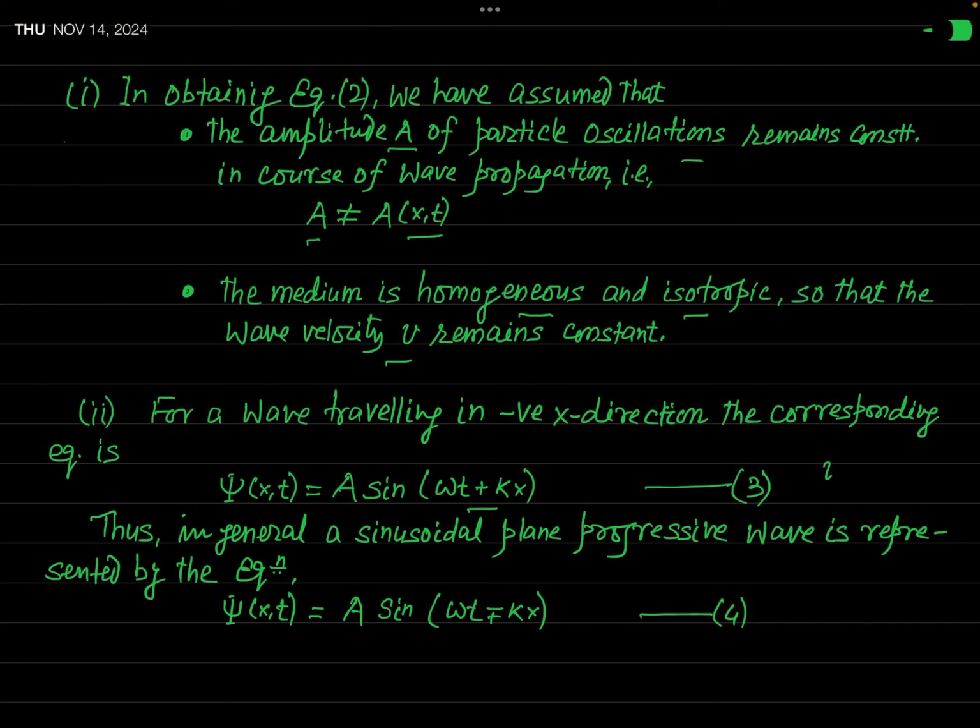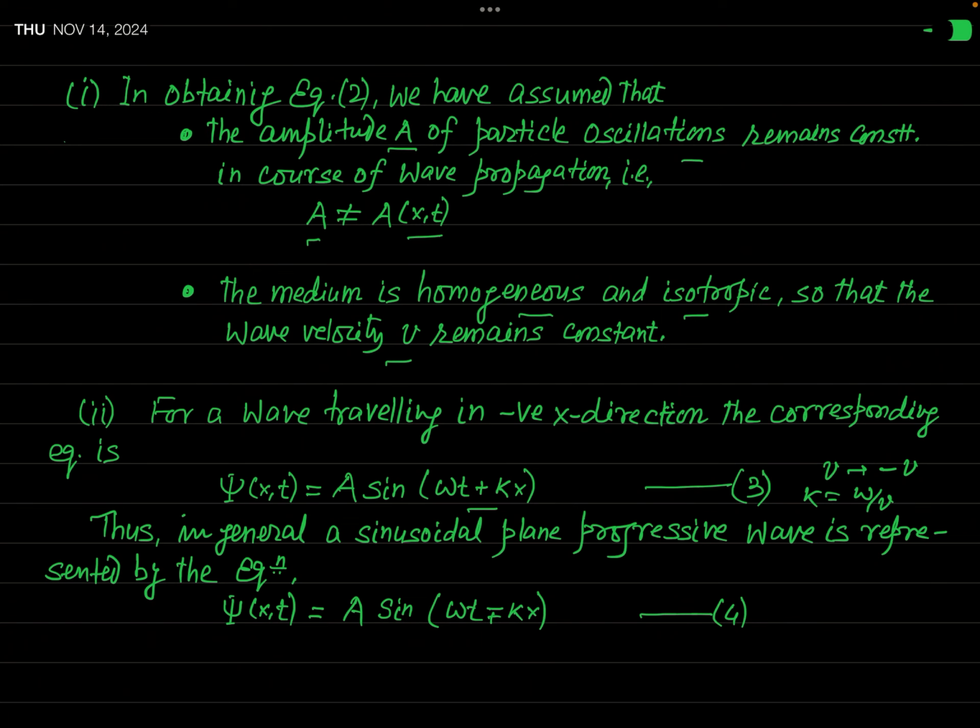It means in this case, V will be treated as minus V. And you know, k is equal to omega over V. So when you take minus V instead of V, this will become plus. So psi of x,t equals A sine (omega t plus kx).